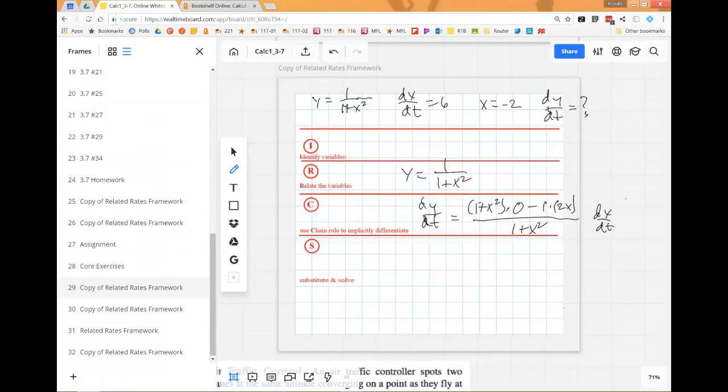All right. Let's simplify that a little bit. So that first part's gone. On top we have -2x. On the bottom we have 1 plus x squared. And we got our dx/dt over here.